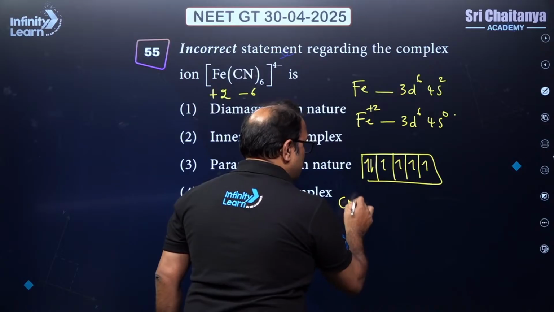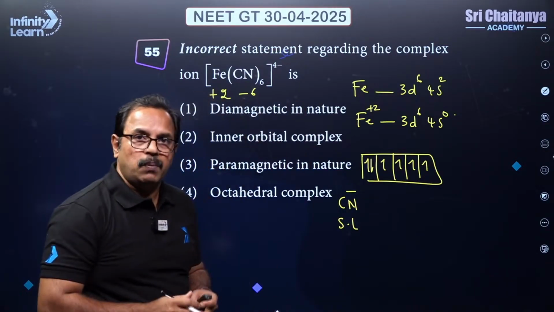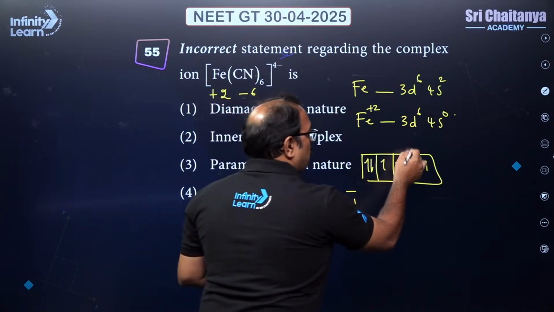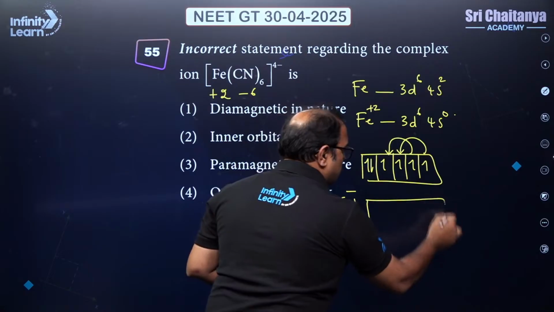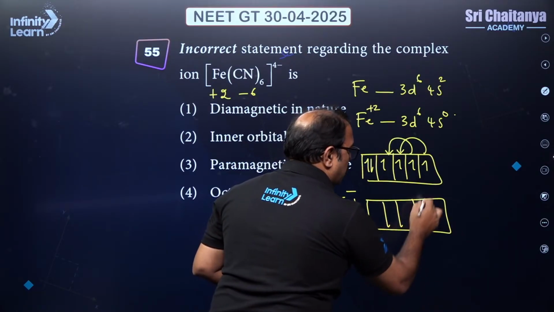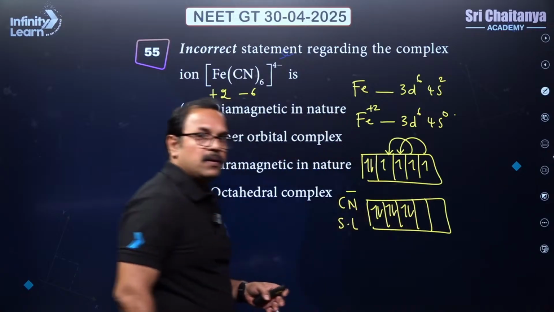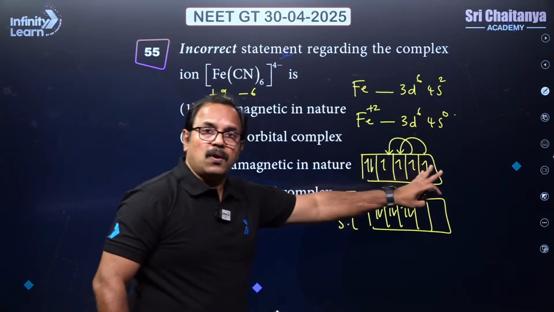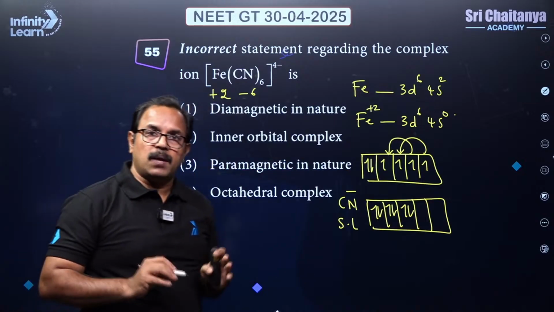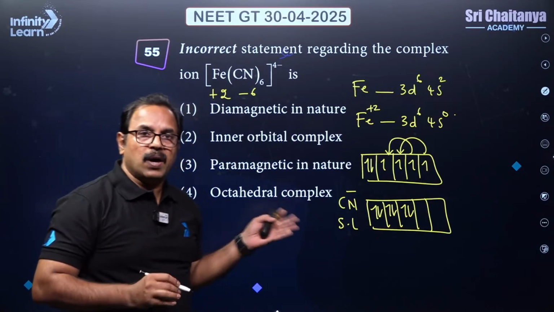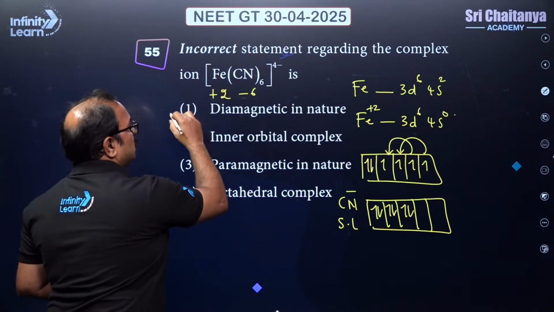In presence of CN minus, since it is a strong ligand, it can induce a forcible pairing, so this gets paired up here. Once it gets paired up, you have 3 lone pairs coming. Whatever unpaired electrons there were got forcibly paired up, and we all know that if you have unpaired electrons, it is paramagnetic, else it is diamagnetic. So in this case, the complex is diamagnetic in nature.